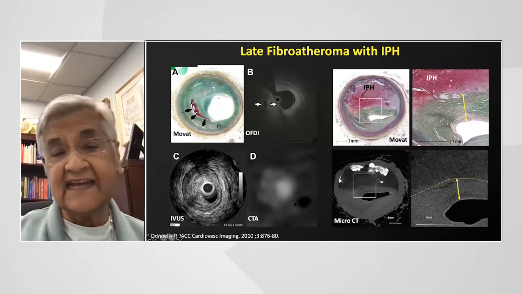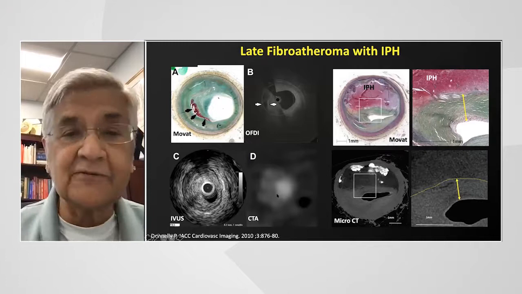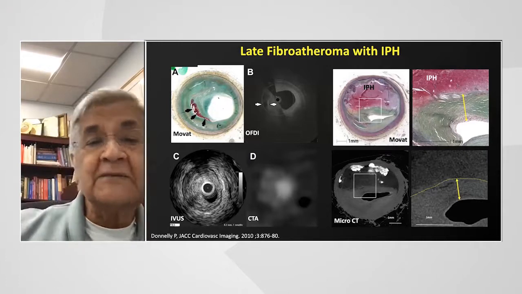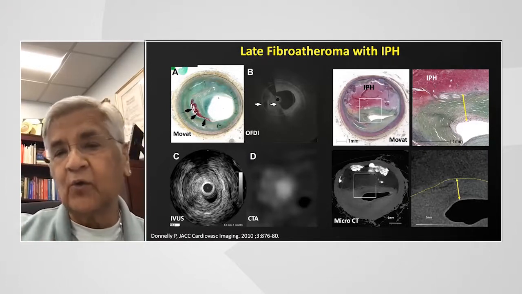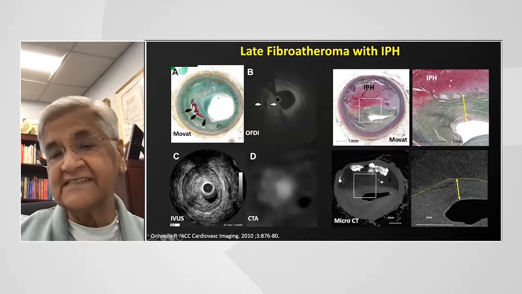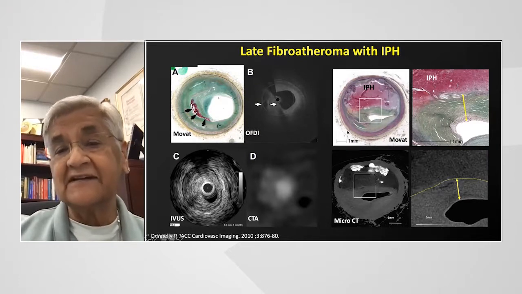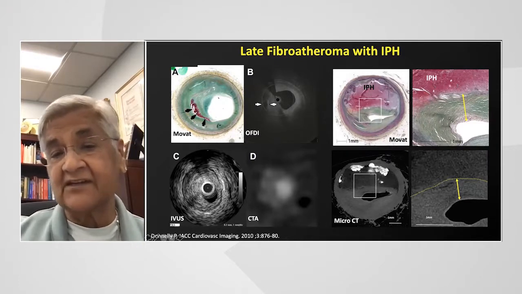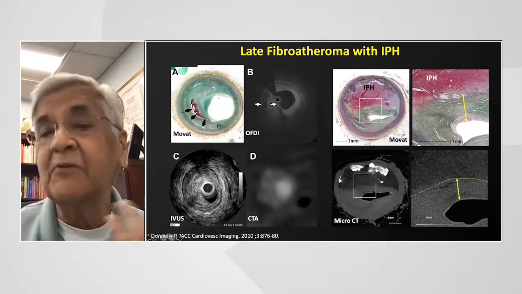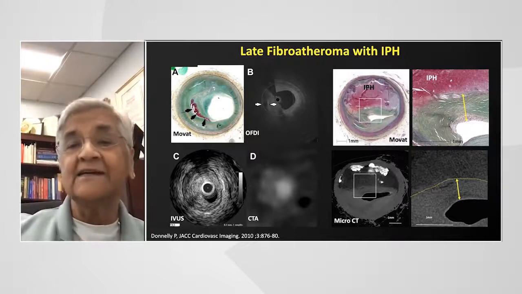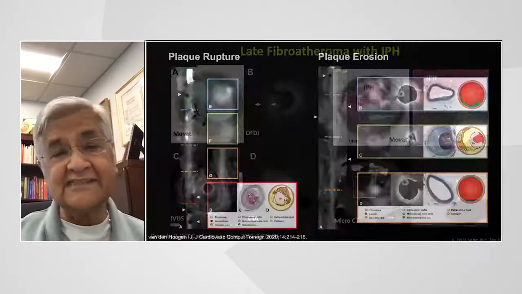That is the next thing that we should start to recognize. We can recognize the necrotic core, and if you look by CT, you can certainly recognize the calcium, the necrotic core, and you can even see the fibrous cap. That's tomorrow's technology, I think, which will come in CT.